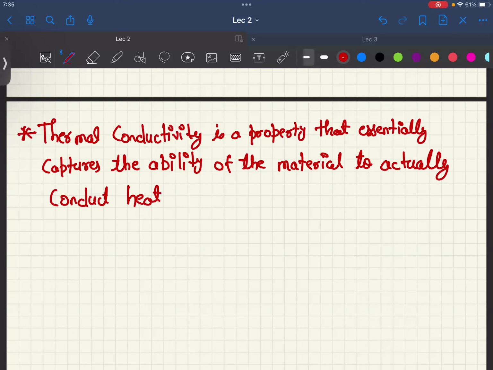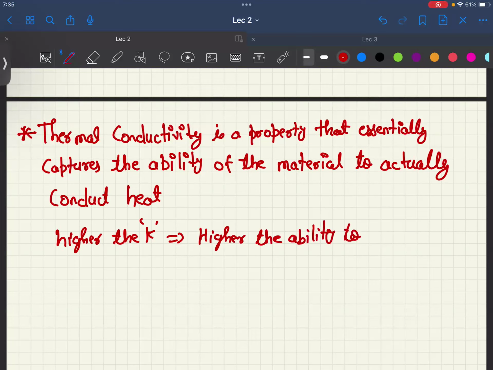Okay? So higher the k, higher the ability to conduct or transfer heat.